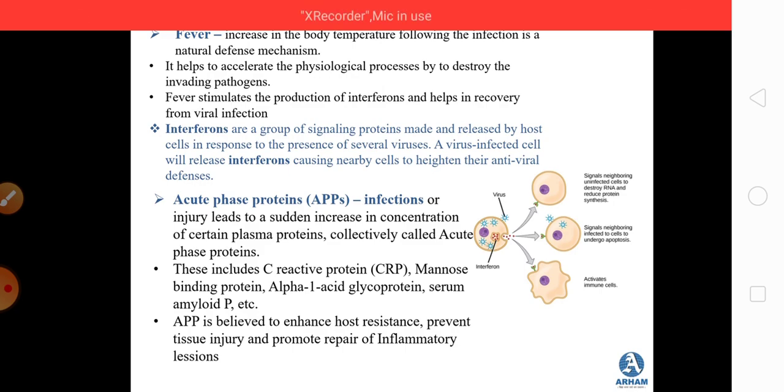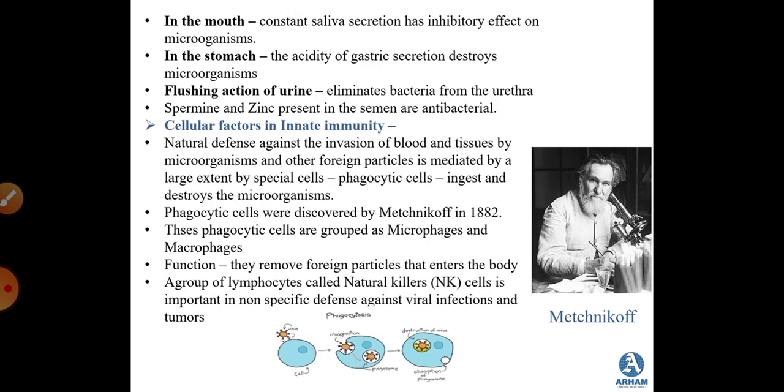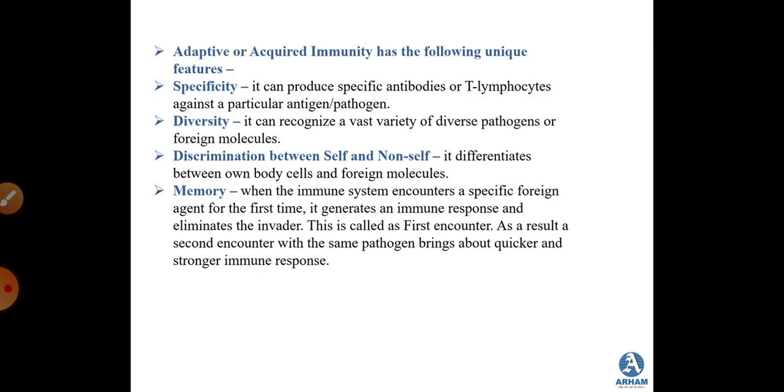So students, this was about innate immunity comprising certain types of barriers. Now let us study certain unique features of acquired or adaptive immunity. The first feature is specificity.